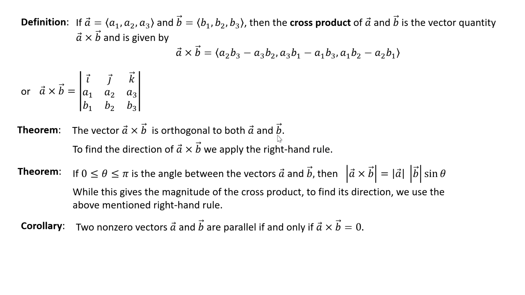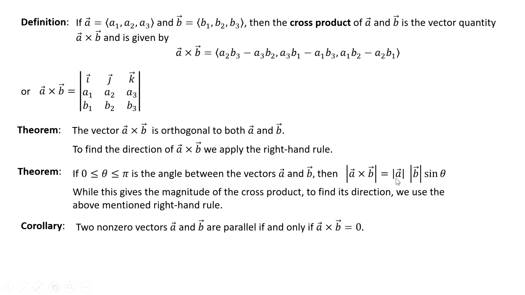Careful. The truth is, the angle could be 180 degrees also, or pi radians also. Even then, of course, their directions would be opposite to one another, but they could still be parallel to one another. Regardless of the angle being 0 or 180 degrees or pi radians, sine theta would be sine 0 or sine pi. They are both 0. So obviously the magnitude based on this theorem would be 0 by virtue of sine theta being equal to 0.